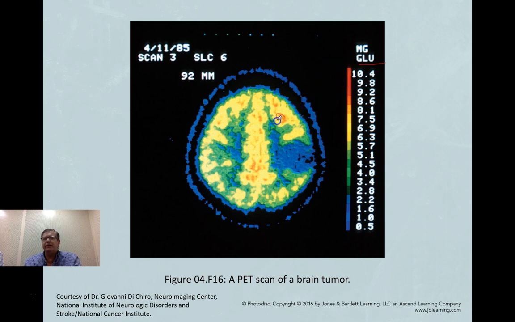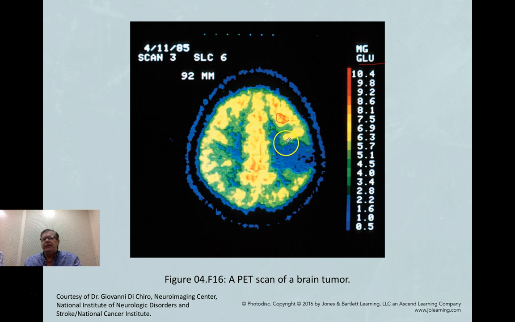So the red areas here illustrate much more glucose uptake. The yellow areas sort of middling amount of uptake, as you would expect in a typical awake brain. And the green and blue areas represent much less activity. So there's very little uptake of glucose in those areas that are blue.